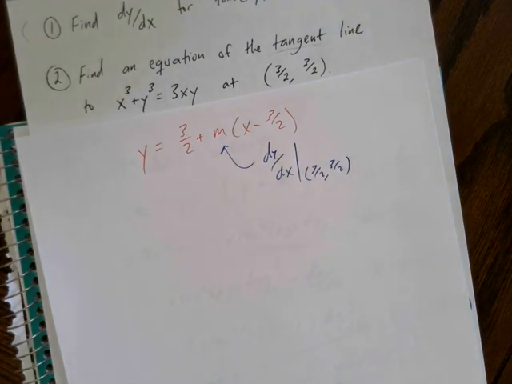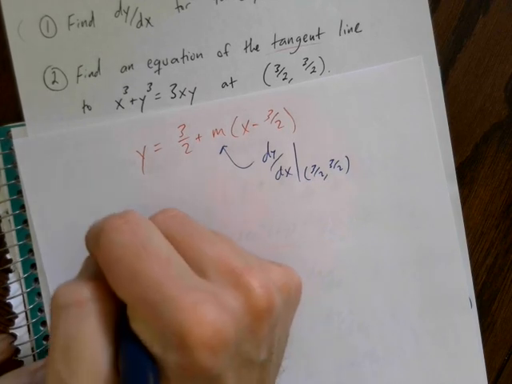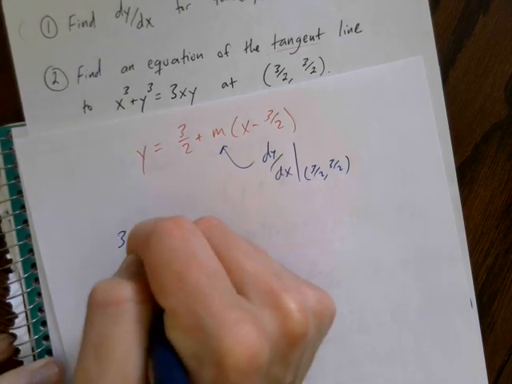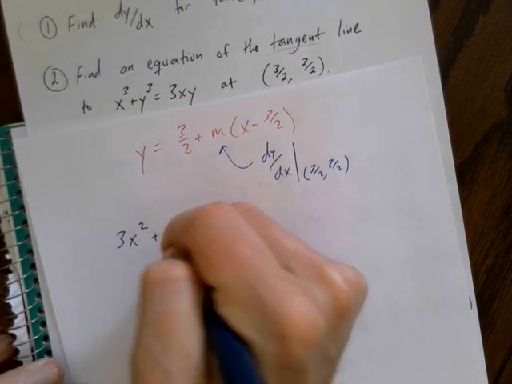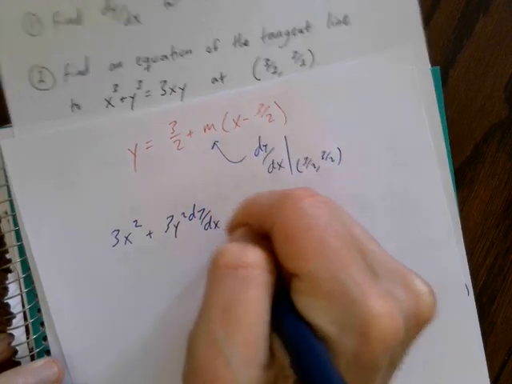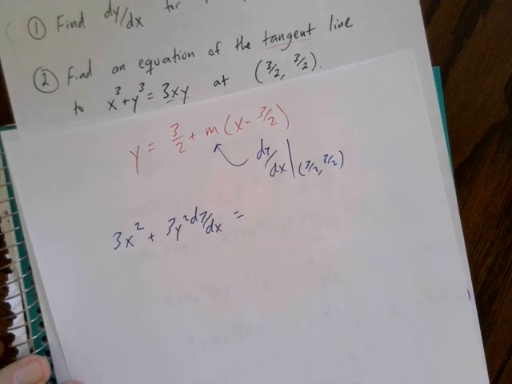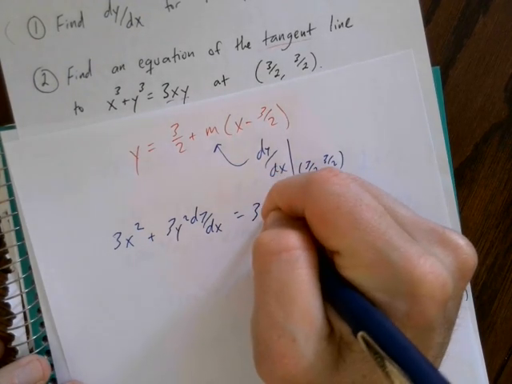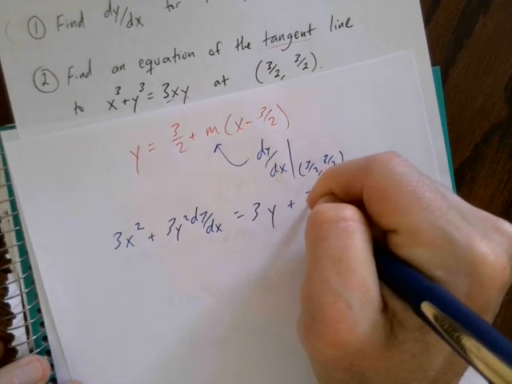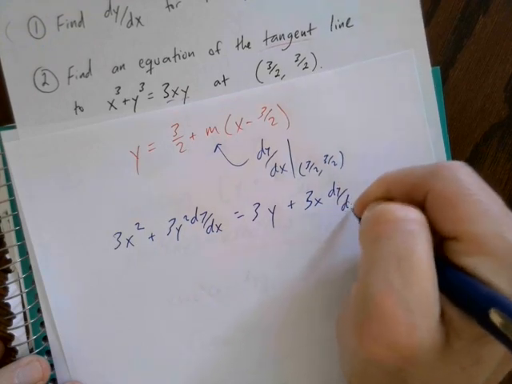So we find dy/dx. So x cubed differentiates to 3x squared. y cubed is 3y squared dy/dx. 3xy is the product rule, 3x times y. So it's 3 times y plus 3x times dy/dx.